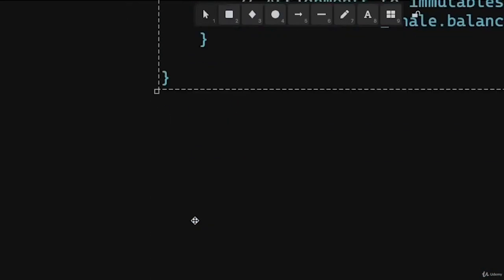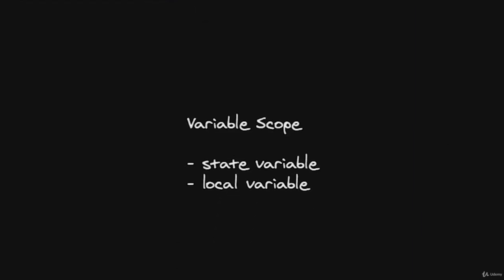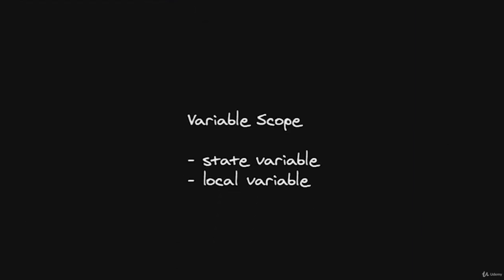All right, so the next topic of discussion is variable scope. There are two kinds of variable scopes in Solidity. One is the state scope and the other is the local scope. State variables, the variables with state scope, are those variables whose values are permanently stored in storage. Note that the word state here actually means the state of the blockchain.